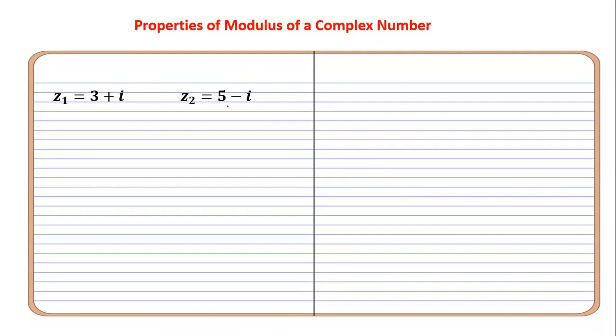Let's take any two complex numbers, z1 and z2. We have to calculate modulus of their product. Before calculating the modulus, why not calculate z1 times z2? z1 is given by 3 plus i, and z2 is given by 5 minus i.